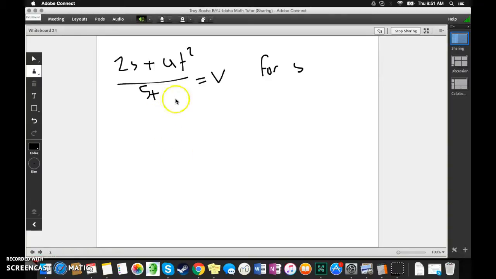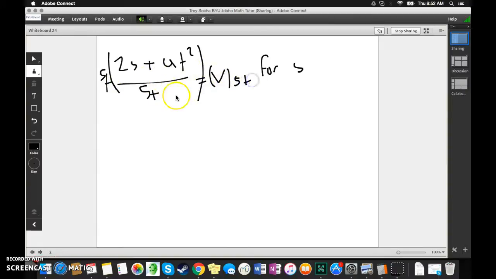The first thing that we need to do is we need to say this 5t is divided. So it acts like a whole number. 5t you can consider 1 unit. At squared is 1 unit, and 2s is 1 unit. V is also a unit, but we knew that. So we're going to multiply both sides by 5t. Doing so, we'll remove this 5t on the bottom.